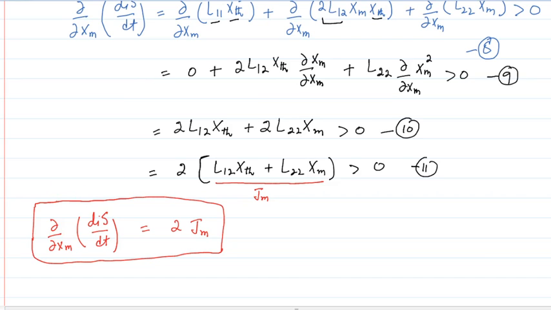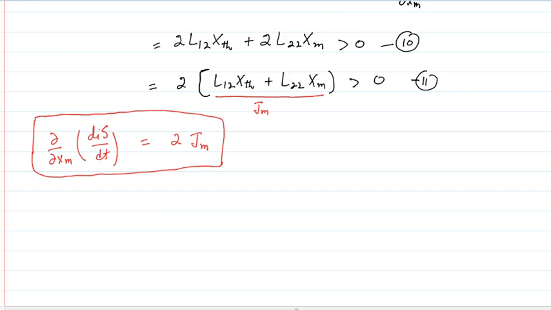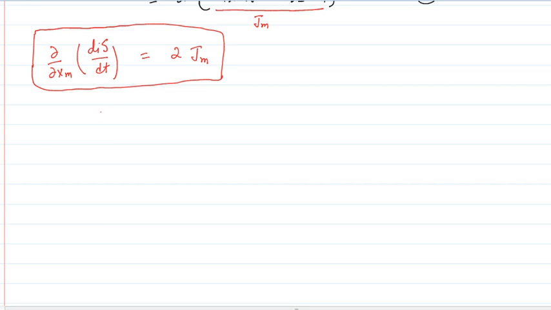But for a steady state, we know, this is very important here, in the steady state this Jm is simply equal to 0, that means the mass flux, or matter flux, is equal to 0. So if this is equal to 0, that means the first derivative with respect to xm of the entropy production will be equal to 0.